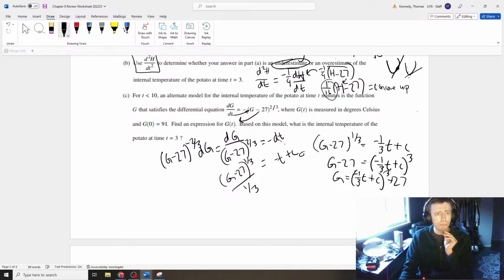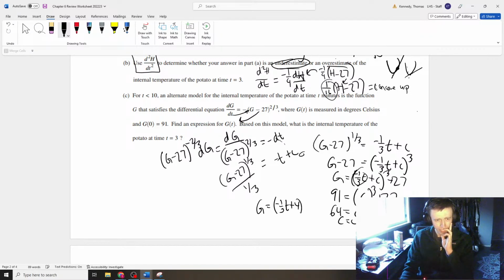Now I just plug in the initial conditions, 0 and 91. So 91 equals c cubed plus 27, so 64 equals c cubed. I plugged in 0 for t, so that term went away. So c is 4. And now we're being chill. g equals (negative t plus 4) cubed plus 27.